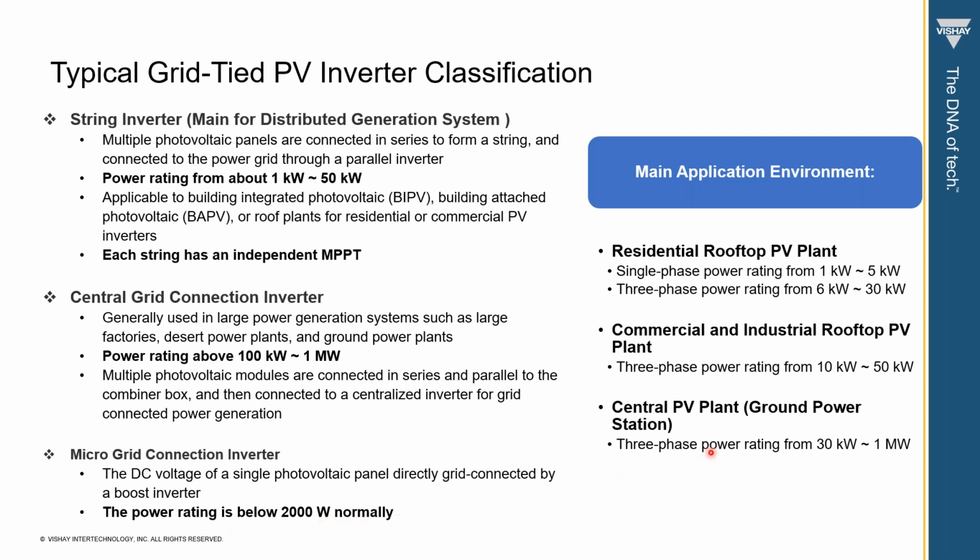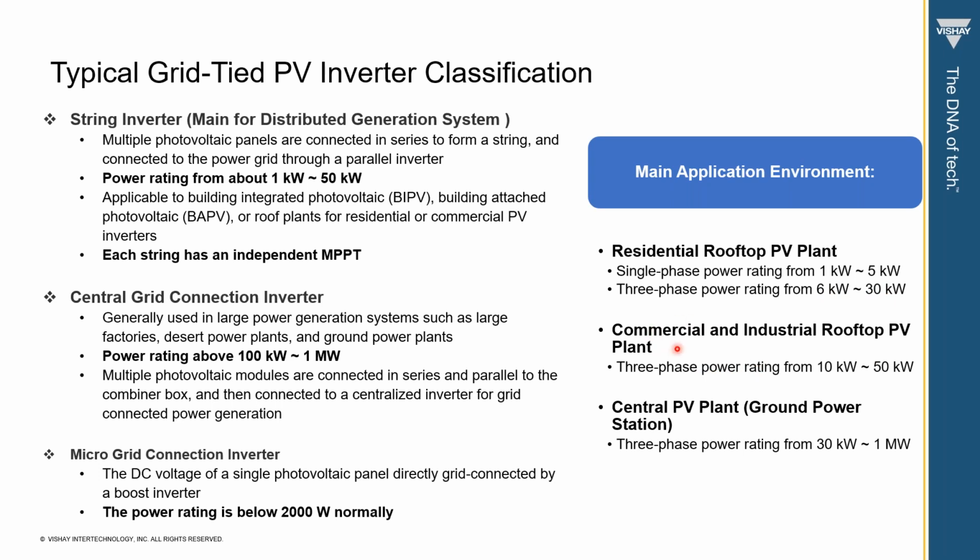For the main application environments, we have the residential rooftop PV plant. This can be single phase with a power rating from 1 to 5 kilowatt, or three phase from 6 kilowatt to 30 kilowatt.